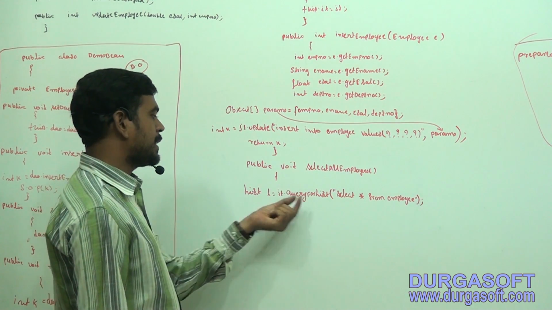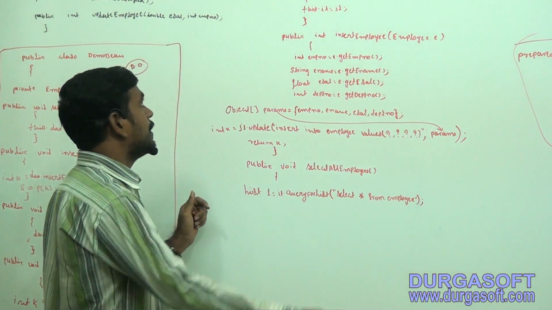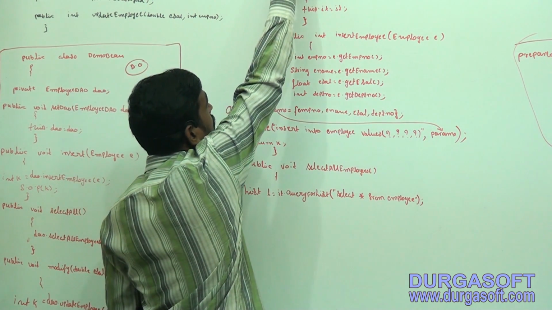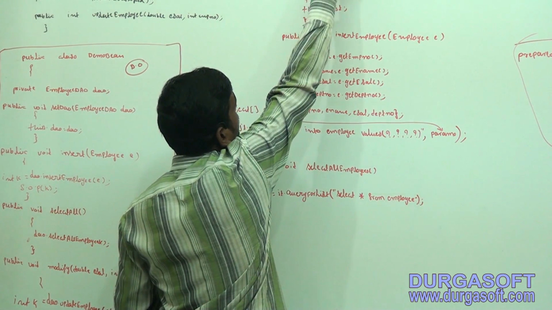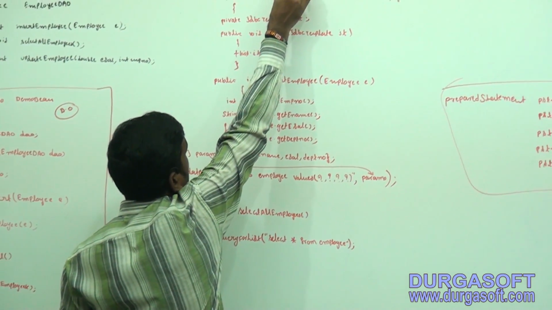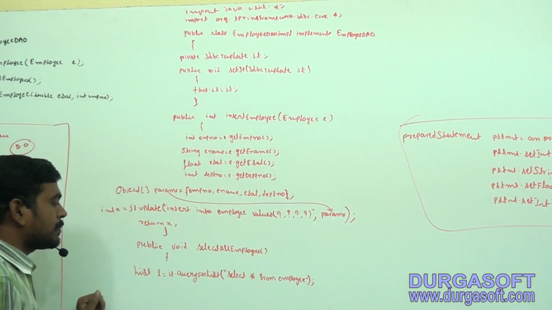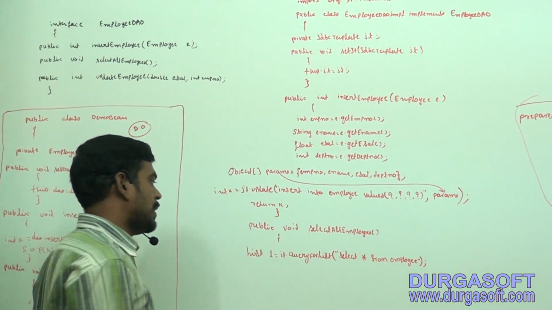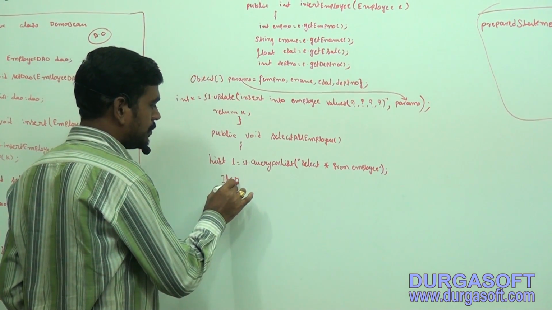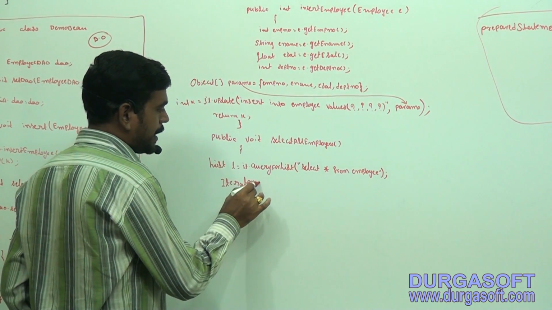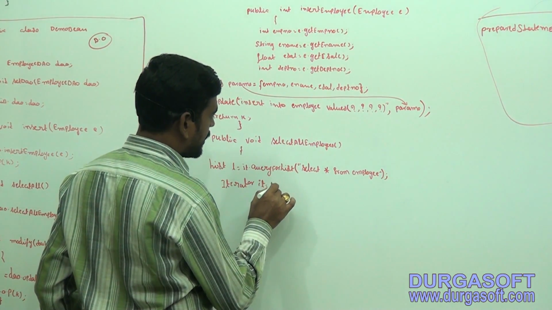This is going to return a List, that is the reason I am taking the list here. We need to import that package also, import java.util.* package. Then next, take the iterator it = l.iterator().